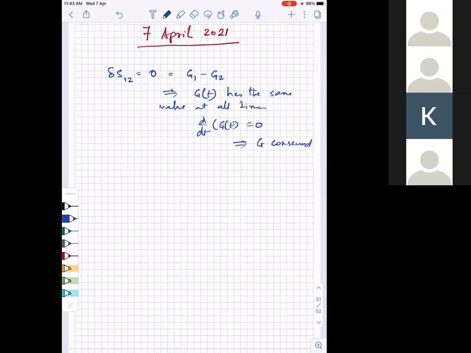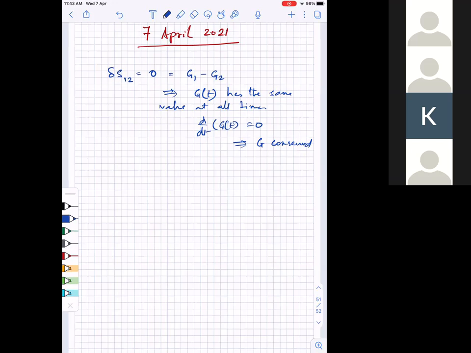Now, this comes from a principle that I don't know whether you have done well. In my classical mechanics course I spend quite a bit of time on it, but I'm not sure people always do.